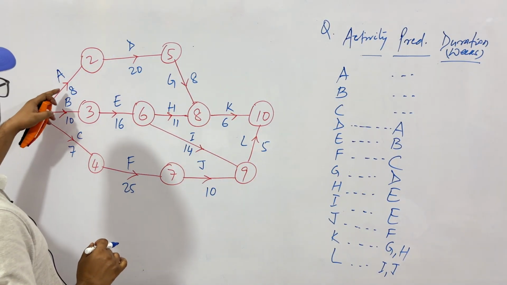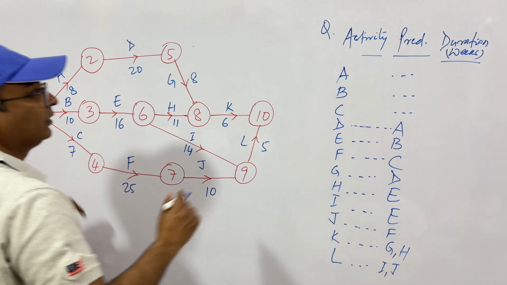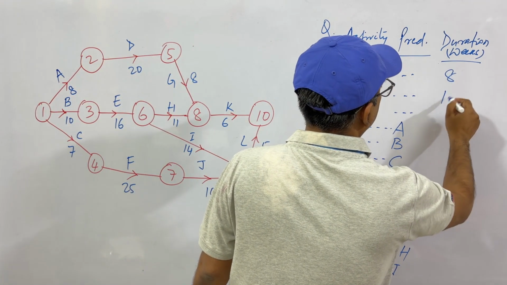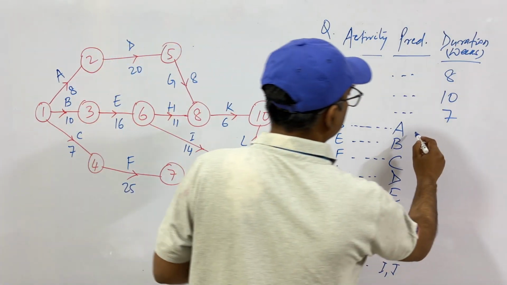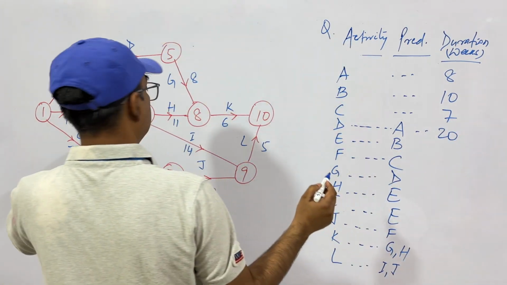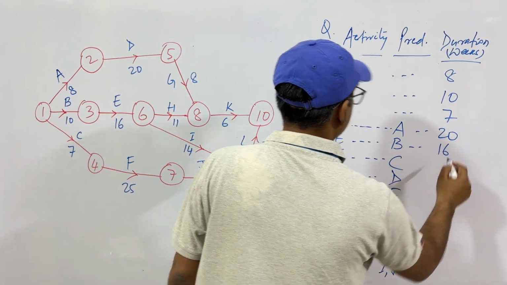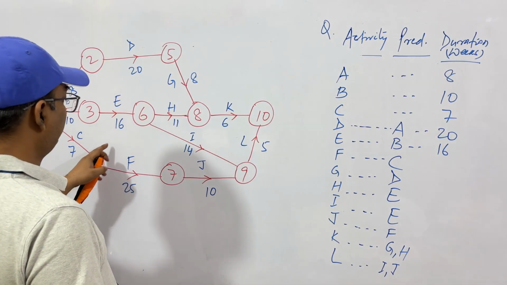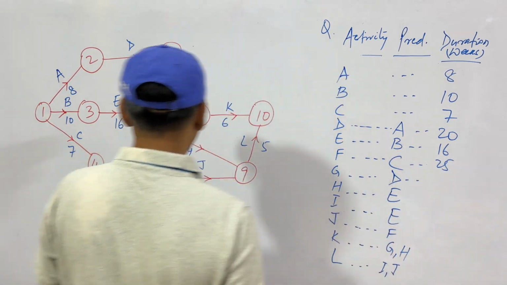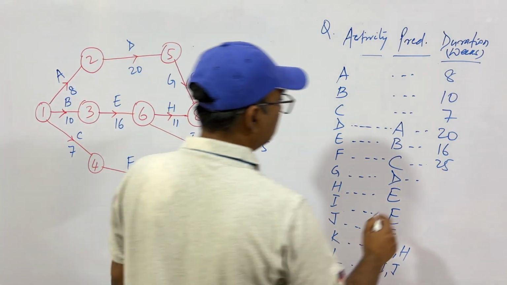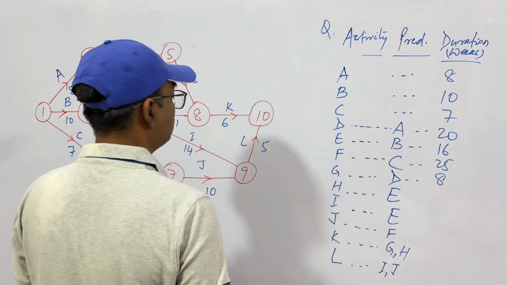Then just write this: 8, 10, 7. Then D 20. E 16. Then we have F 25. G 8. H 11.